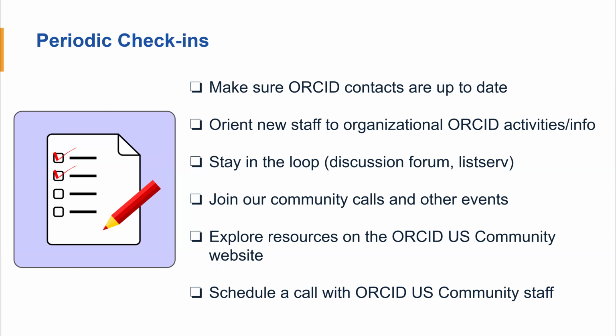You can stay in the loop with new developments and hearing from other organizations through our discussion forum and listserv, our community calls and other events. Of course, always explore the resources on our website and schedule a call with us. We love to hear from you and we can work with you one-on-one with what might work best in the context of your specific organization.